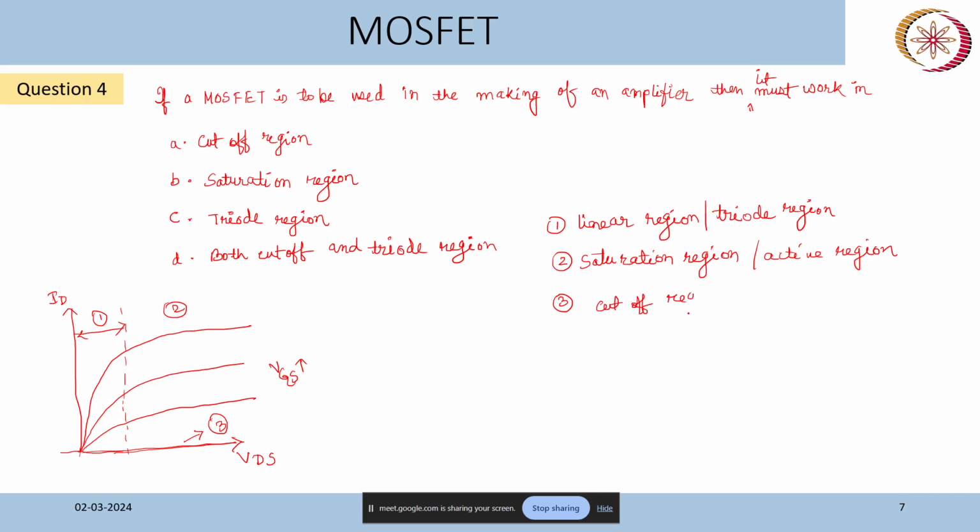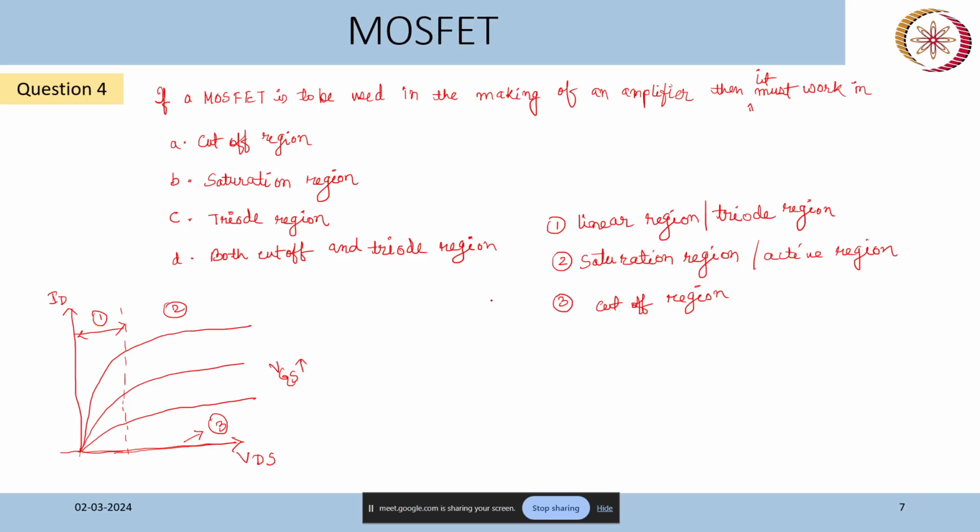This is when the applied gate voltage is not sufficient to create the channel, to create the inversion. There are two uses for BJTs and MOSFETs as well: either as a switch in digital circuits or as an amplifier in analog circuits.